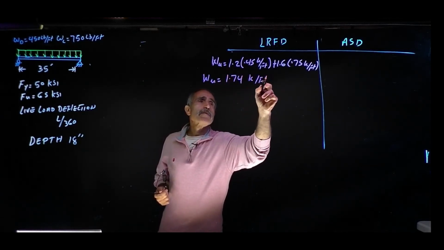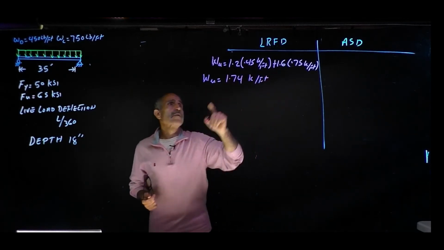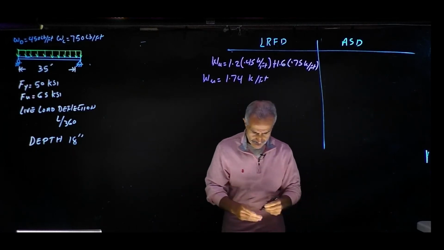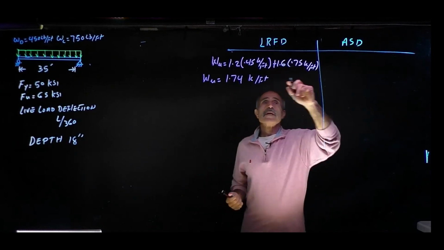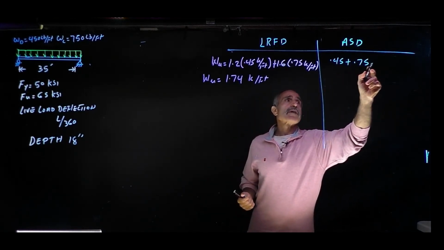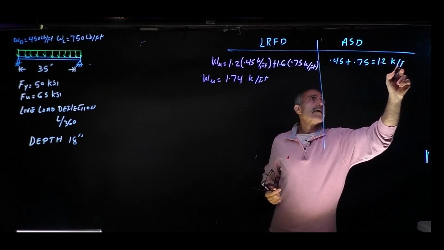For ASD it's basically different. We're just going to add those two up. It'd be 0.45 plus 0.75, which is 1.2 kip per foot.